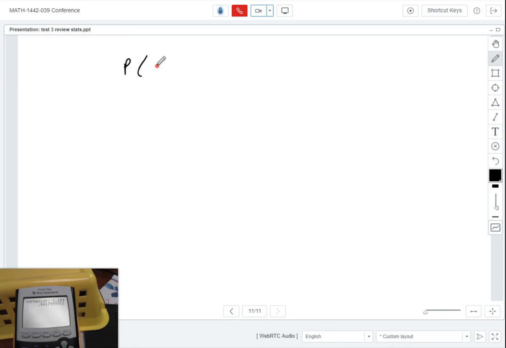If they ask, what's the probability that, not x, I'm sorry, z is greater than 2.1. If z is greater than 2.1, this is a normal curve. Here's z0, right?